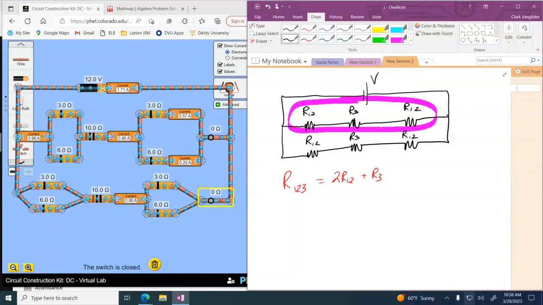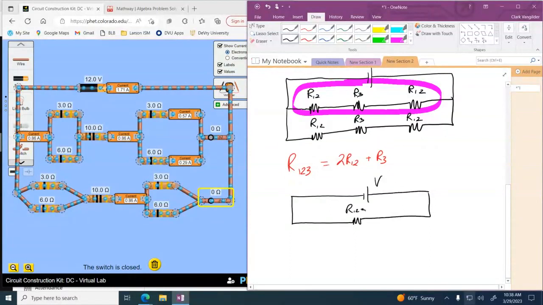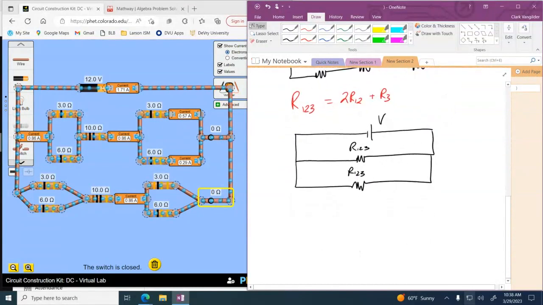And I could have one more circuit reduction, next to the last one, where we still have V, R123, and R123. So these are in parallel. So we go back to our parallel stuff. So total resistance.